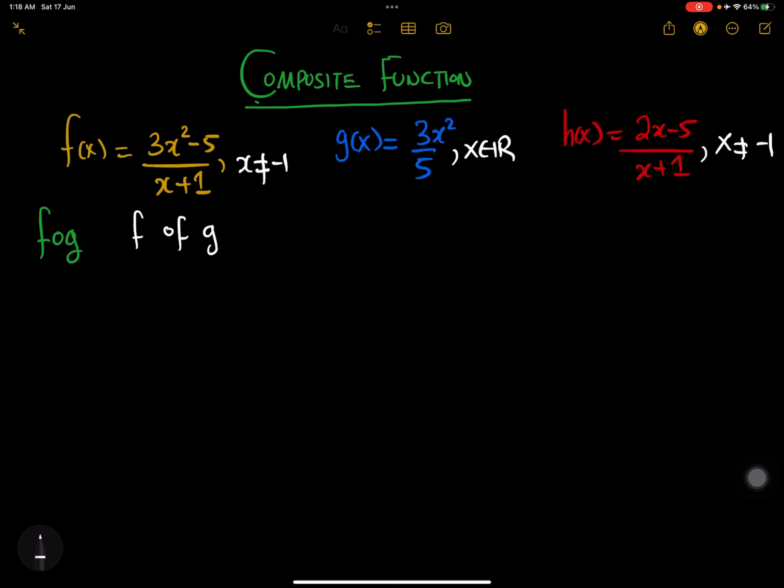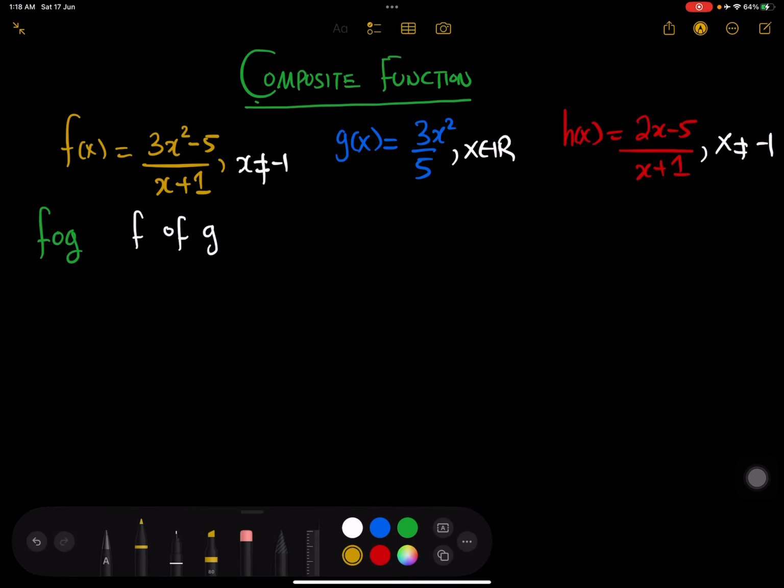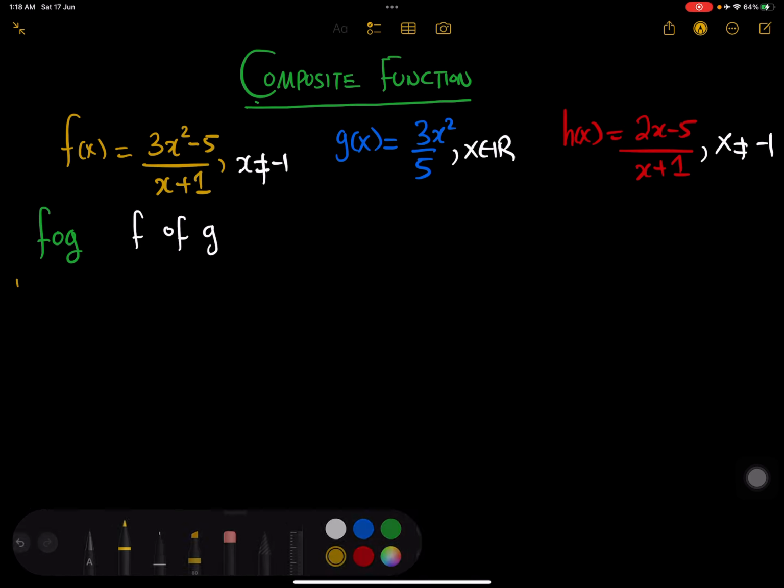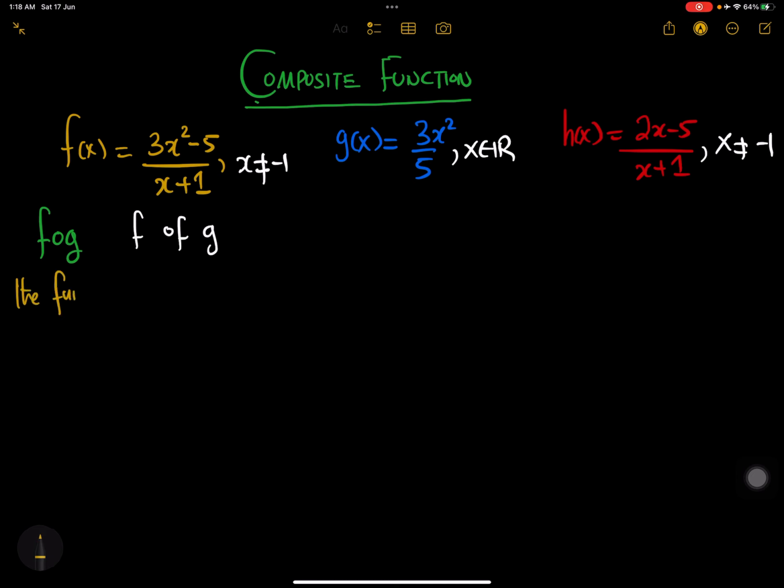Or we can say that the function f of x follows g of x. So f of g is that.